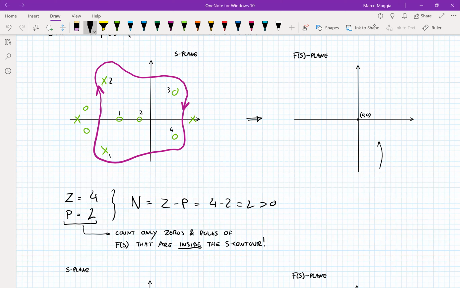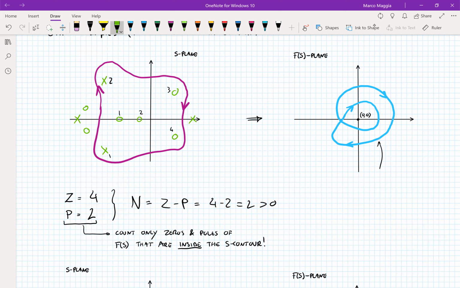It means that the origin is going to be encircled twice in the clockwise direction. Now, I don't know exactly how the actual contour in the f of s plane will look. Qualitatively speaking, it can look something like this. We have the origin encircled twice.